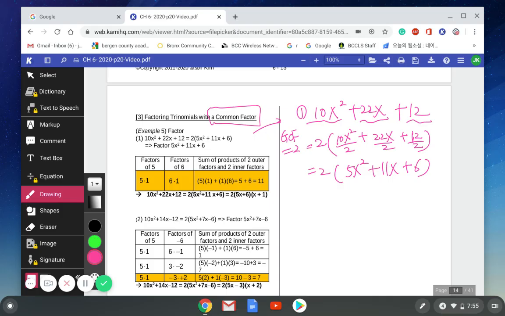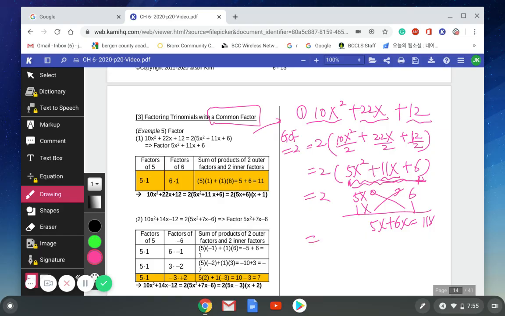So you actually have to factor inside only. So 2, you don't have to do anything, just keep writing. So when you try 5x squared plus 11x plus 6, you kind of know that 5 plus 6 becomes 11. So you arrange that way, 5x and 1x and 6 with a 1. So when you cross multiply, 5x plus 6x becomes 11x.